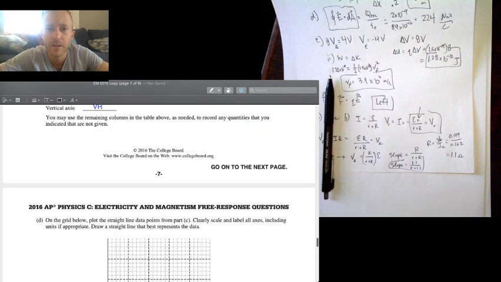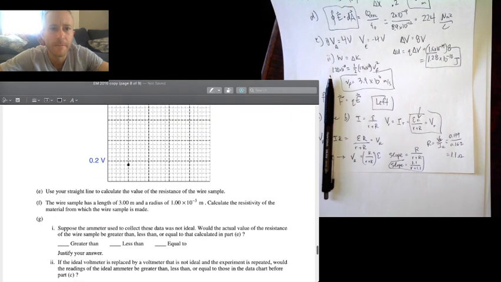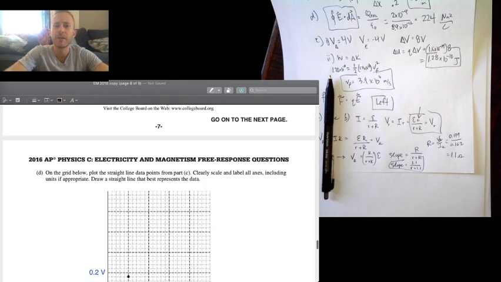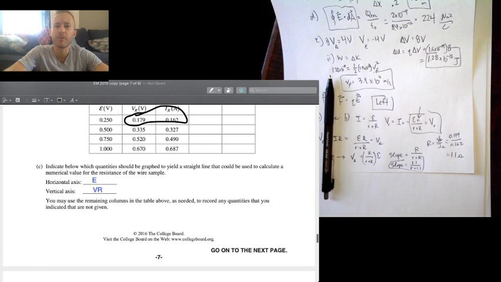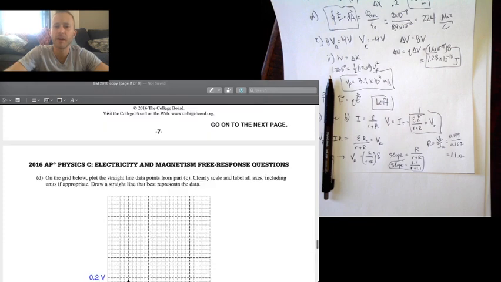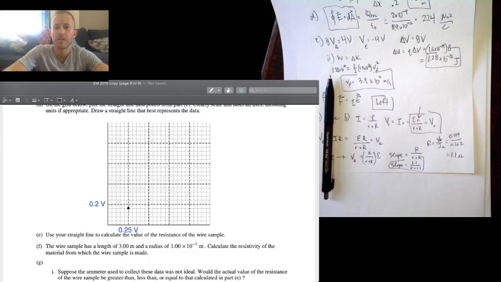And here I have 0.25 volts. So that's what I'm using to set my scale. And then my second point is 0.5 and 0.335. So here would be that, maybe right here.